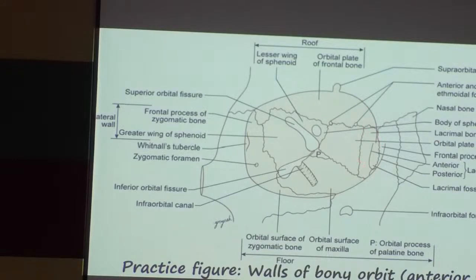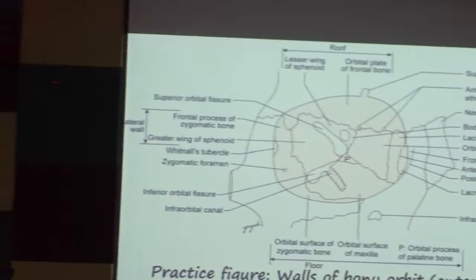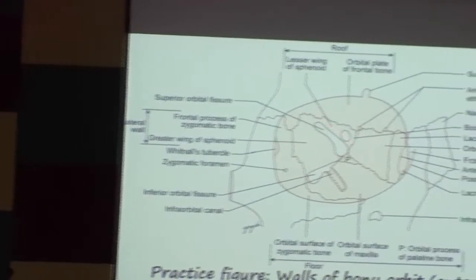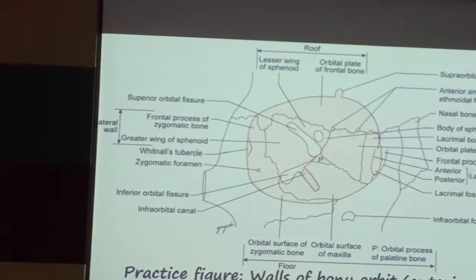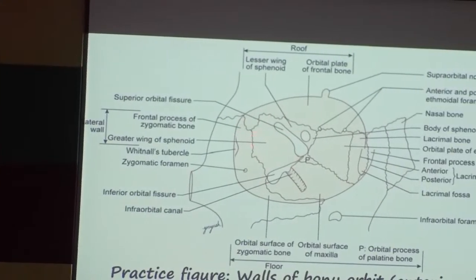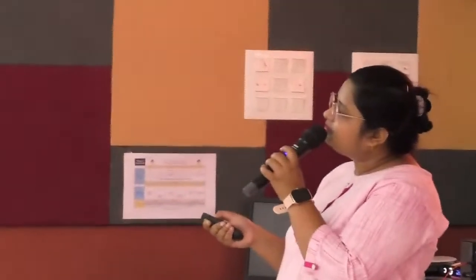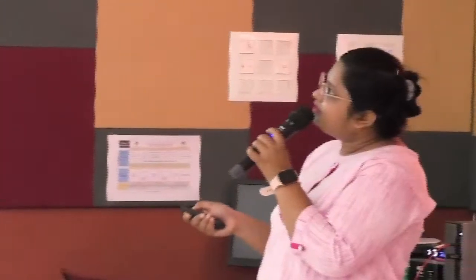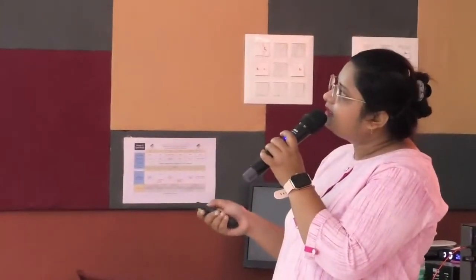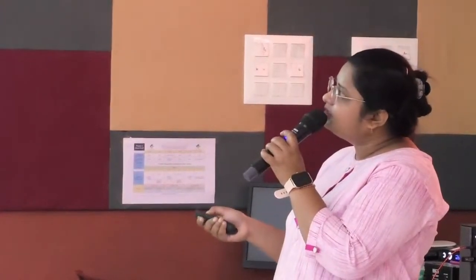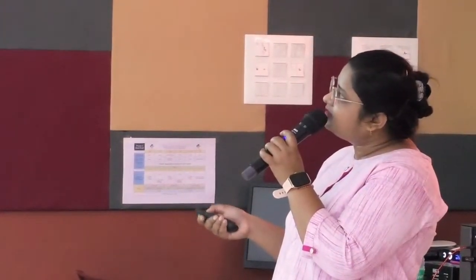And this part is the orbital plate of ethmoid. This is very thin and also known as lamina papyracea. And this is the sphenoid bone, the orbital plate of sphenoid forming the lateral wall, and this is the lesser wing or body of the sphenoid forming the apex. Here lies the orbital part of the zygomatic bone, and this is the orbital plate of the maxilla.